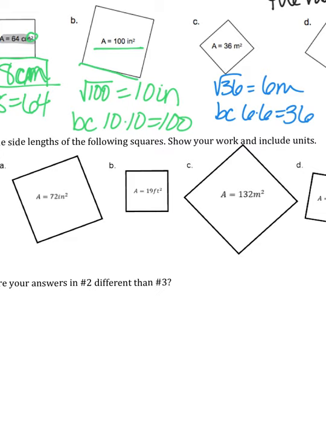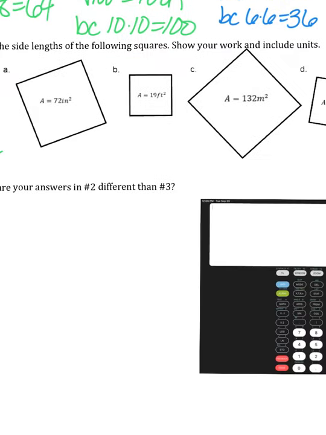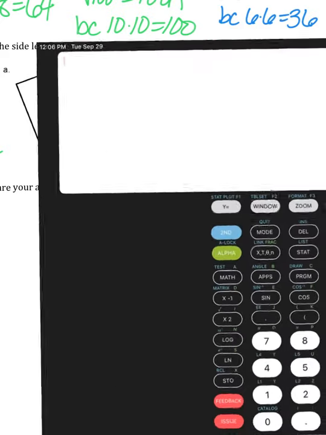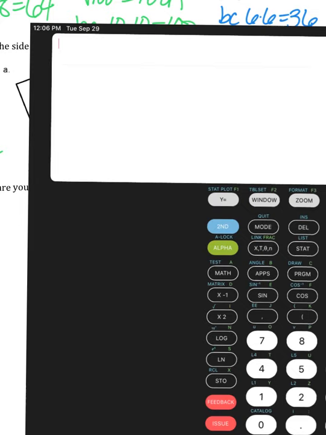So when you go to your calculator, you're going to look for the radical sign on there. If you're using the Calculate 84 app on your iPad, you should be able to see the square root button. Let me zoom in so we can see it.